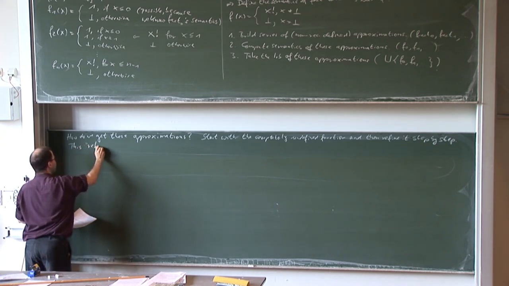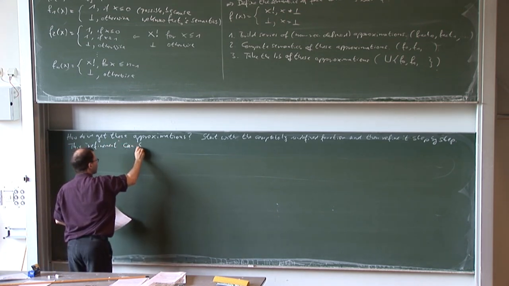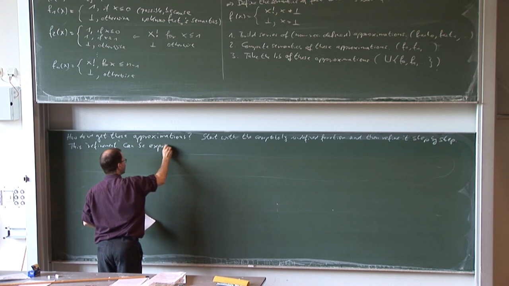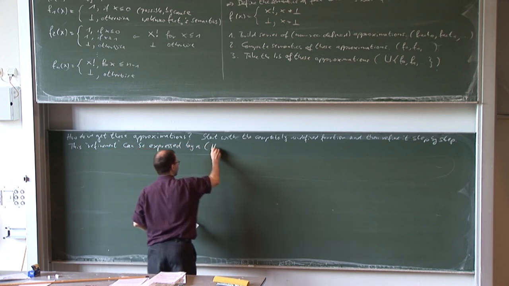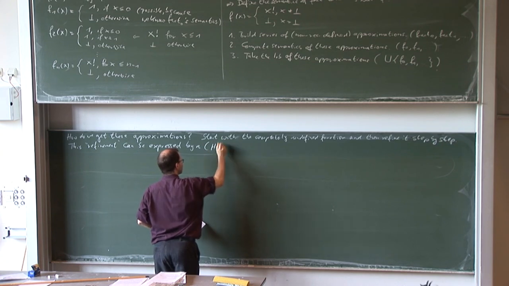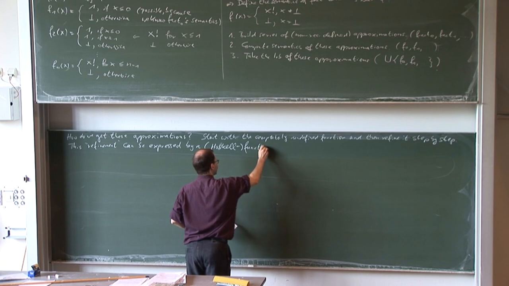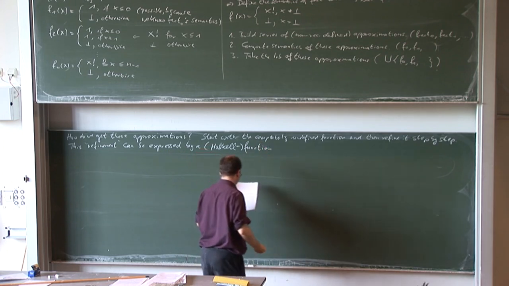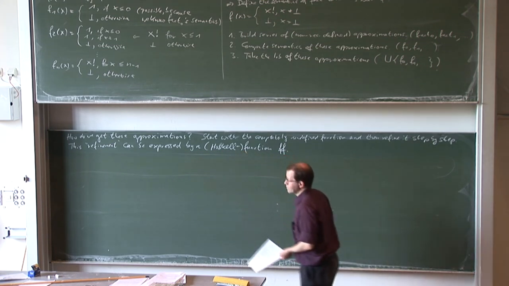This refinement can be expressed by, for example, a Haskell function. I will call it FF.